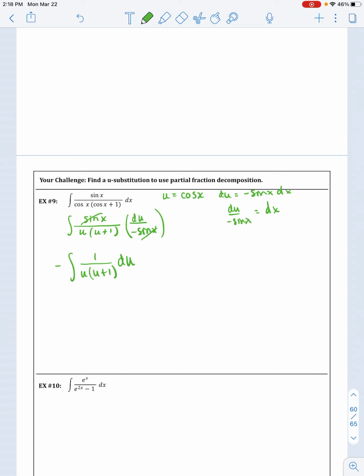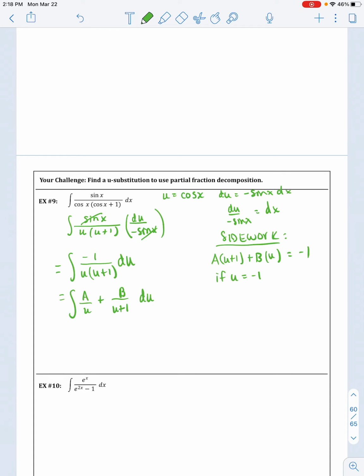And the other thing you could do is just make your negative be up here, and when you try to make this into your a over u plus b over u plus 1, your side work for your partial fractions would be a times u plus 1 plus b times u equals negative 1. And then you wouldn't have to worry about that negative, so let's just go ahead and do that.